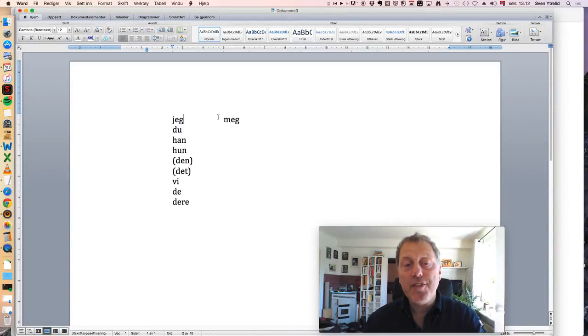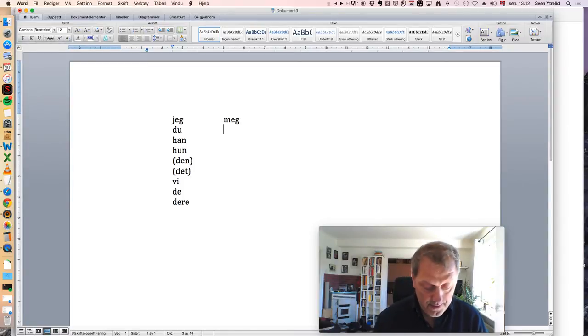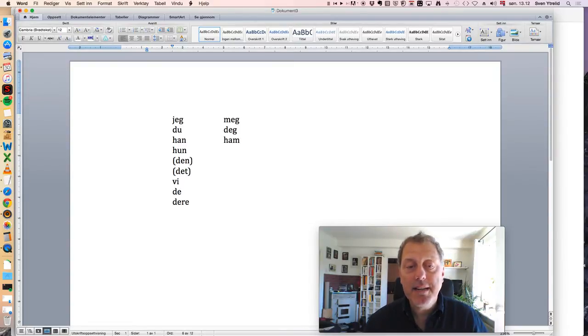So the object form of jeg is meg. The object form of du is deg. The object form of han is ham. Not a big difference there.